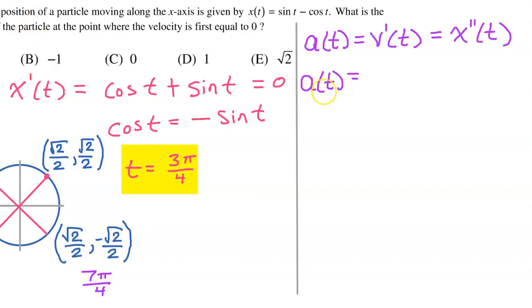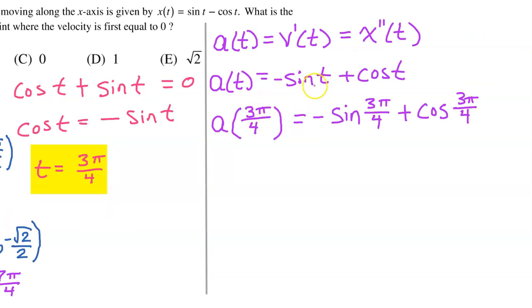The acceleration function will be the derivative of the velocity function, and we have the velocity function right here. So the derivative of cosine is negative sine, and the derivative of sine is cosine. So here is the acceleration function. We just have to evaluate this function at 3 pi over 4.